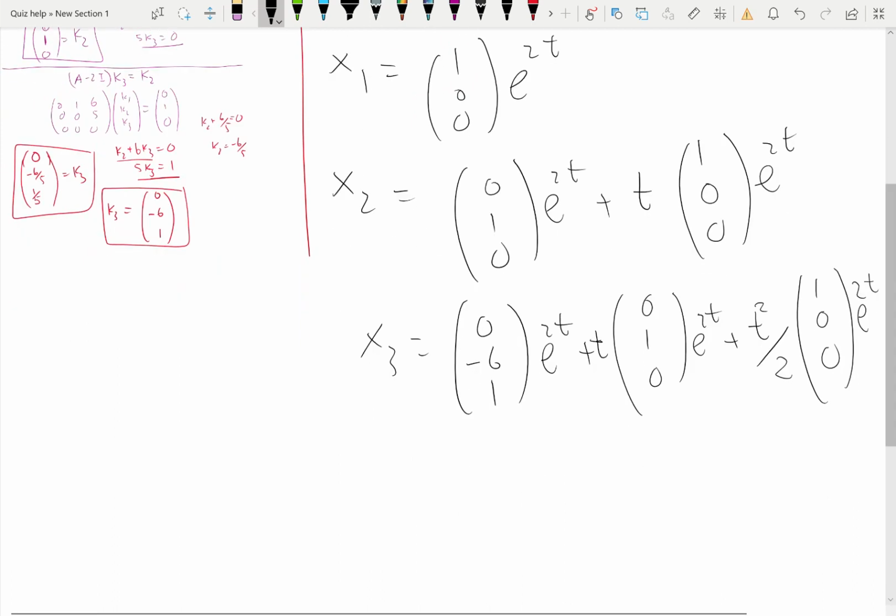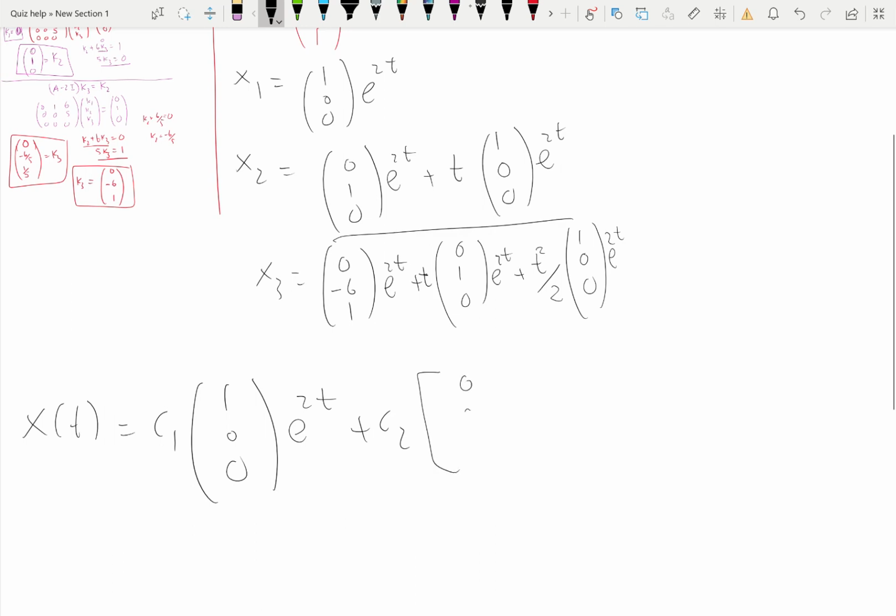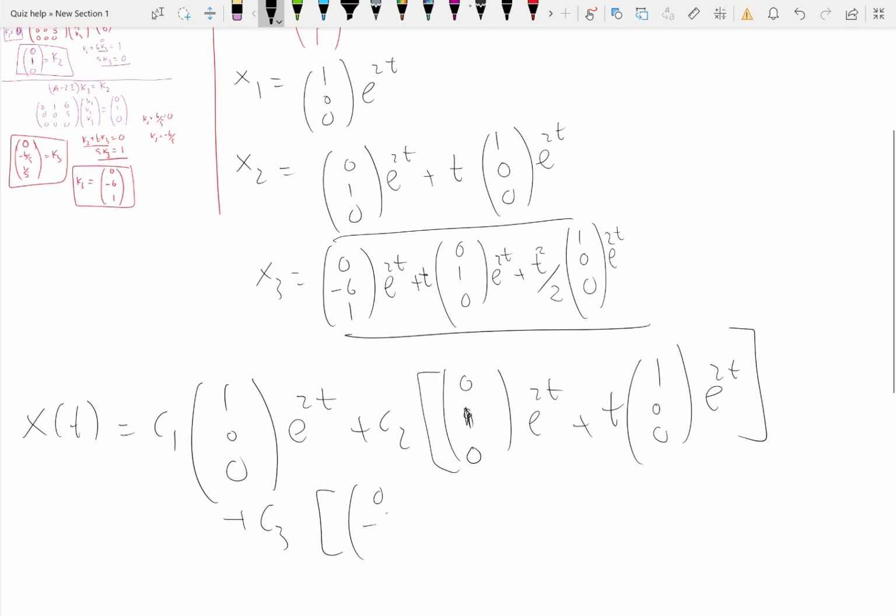Now our final solution is just the linear combination of these three. C1, an arbitrary constant, times 1 0 0 e to the 2t, plus C2 times the whole thing: 0 1 0 e to the 2t plus t times 1 0 0 e to the 2t, plus C3 times the whole thing: 0 negative 6 1 e to the 2t plus t times 0 1 0 e to the 2t plus t squared over 2 times 1 0 0 e to the 2t.